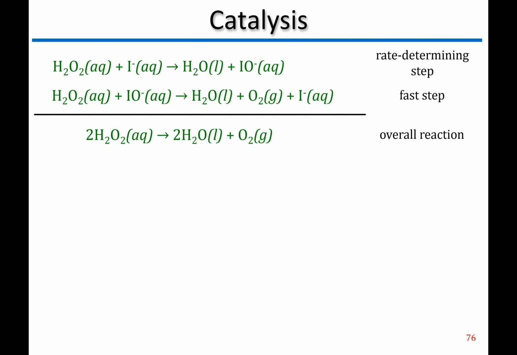Okay, so how can we spot them if we have a reaction mechanism written out with equations? So what you'll see, and this is for this actual reaction, so hydrogen peroxide being combined with I- iodide to give us oxygen, water, and of course regenerating iodide itself. So how will you know something is a catalyst?